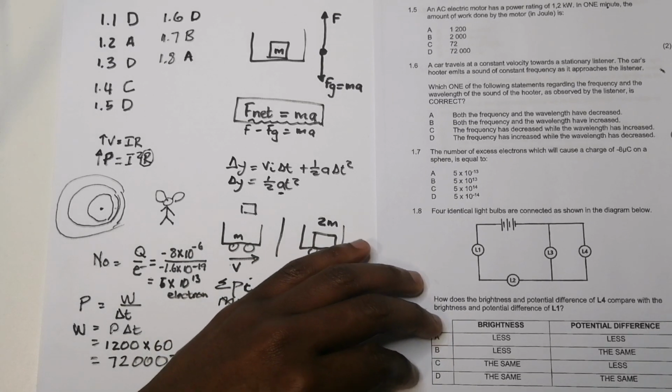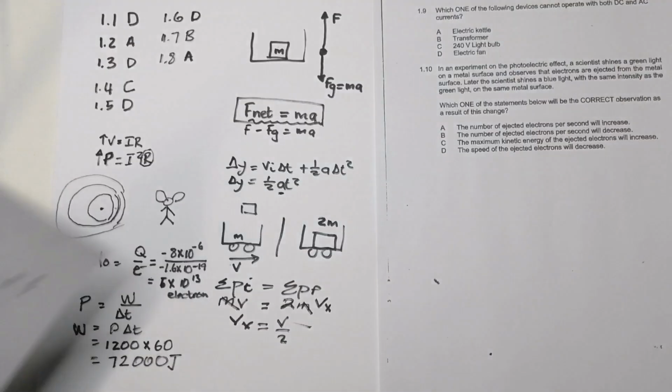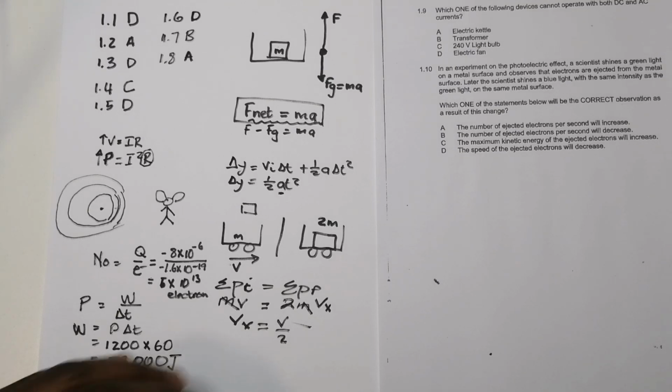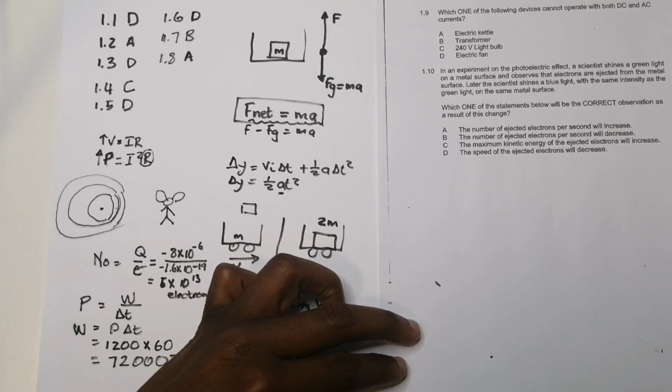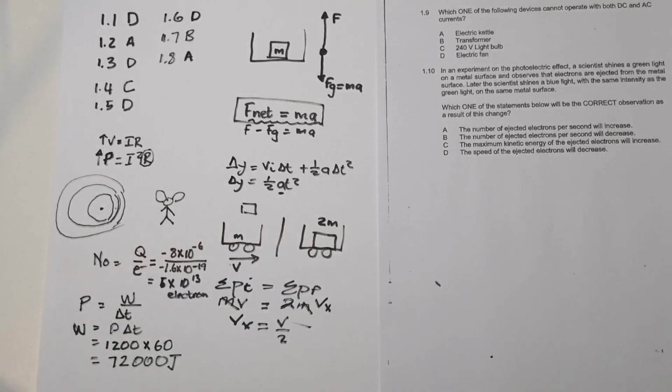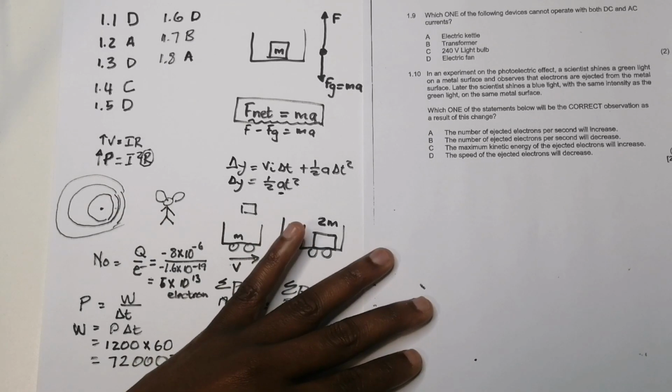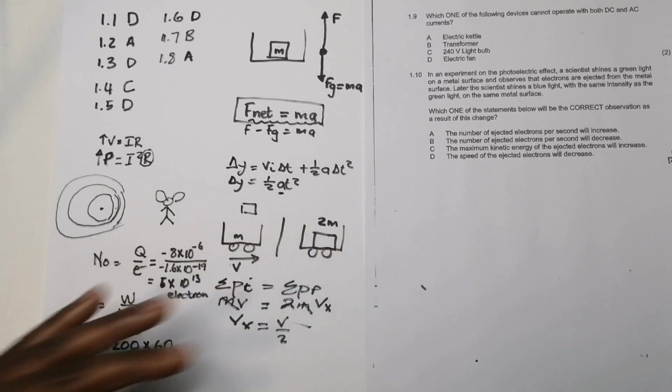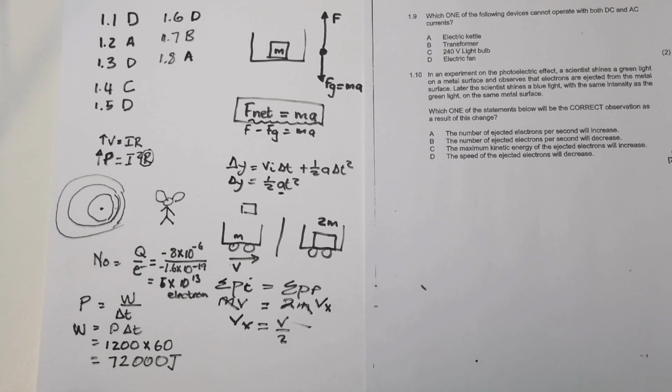Okay, as we move on to the next one, we're almost right at the end there. I hope that you're able to enjoy this. So they say, which one of the following devices cannot operate with both DC and AC currents?